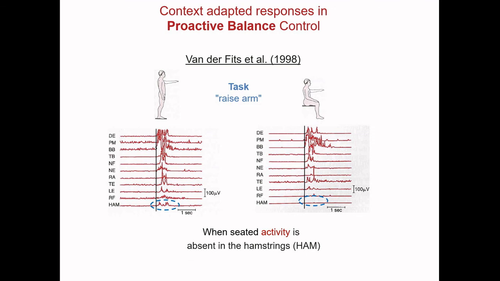The main thing to notice here is that when the task is performed while standing, you see the hamstrings being recruited in order to stabilize the body. In contrast, as soon as the task is being performed while seated, this activity is no longer functional and is no longer present. In this example, we see that the anticipatory postural response is adapted to the demands of the current environment.